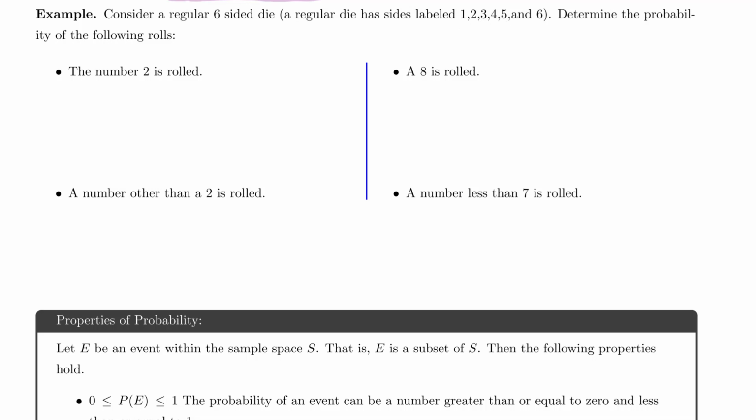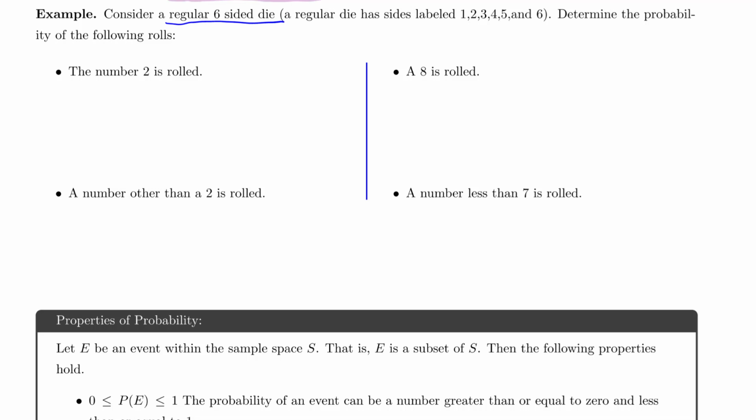Determine the probability of the following rolls. And we're assuming that the die is not loaded. A loaded die means it's different inside, so certain numbers have more chance of getting rolled than others. But in this case, a regular 6-sided die means it's equally distributed.